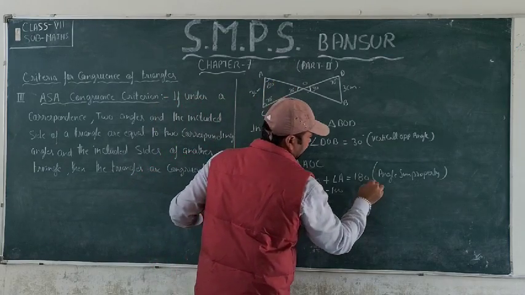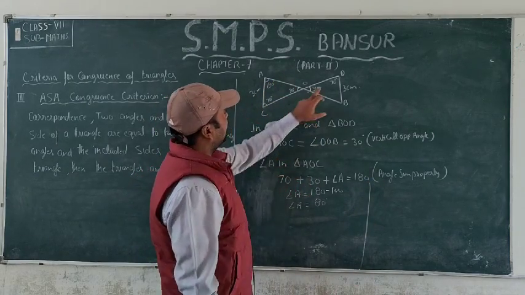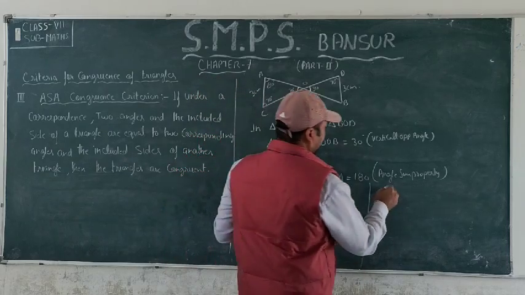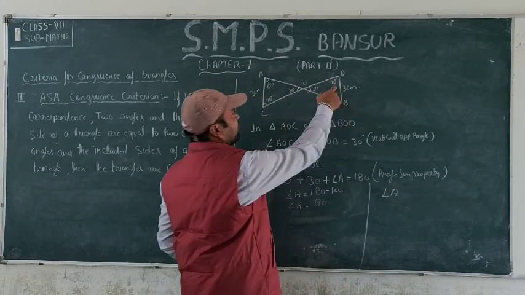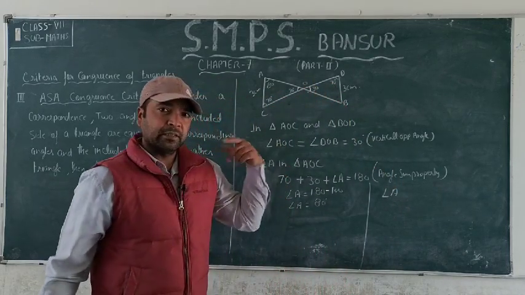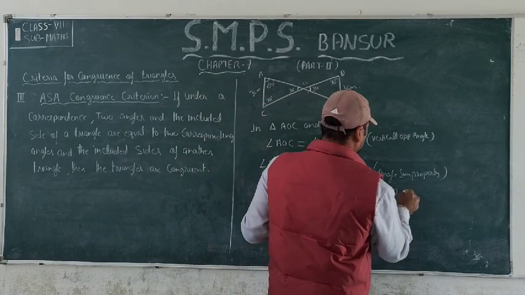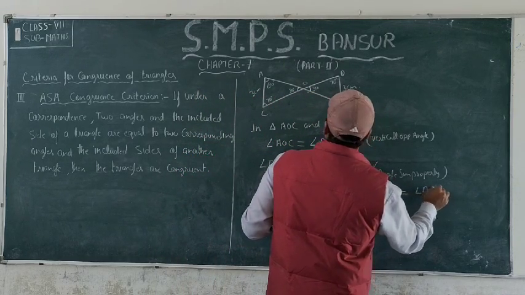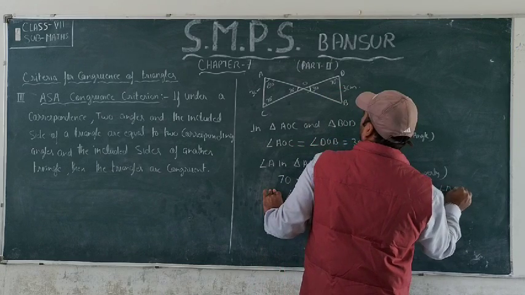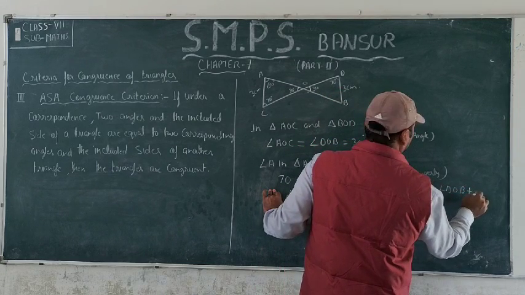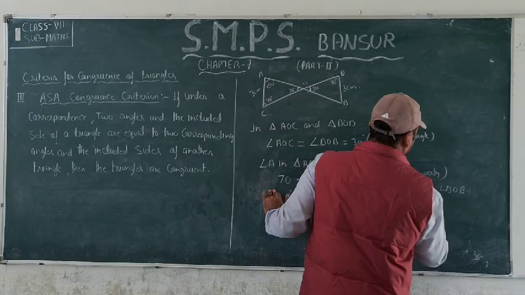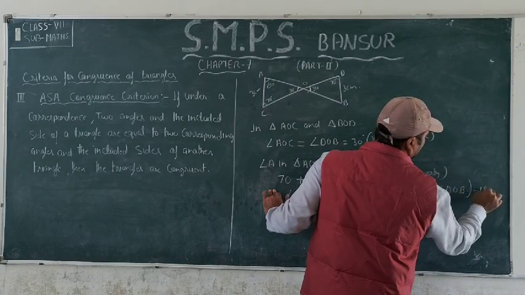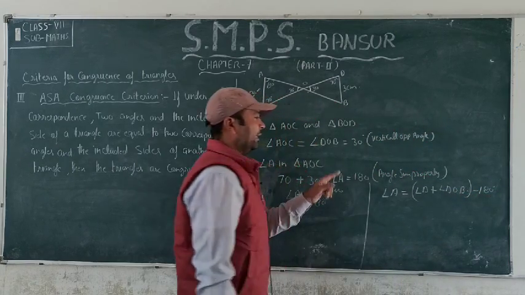Same way we have to find angle B. So for angle B we have two angles, 70 and 30. Same way we will do the same process. Angle B is equal to 180 minus angle D plus angle DOB, by angle sum property.